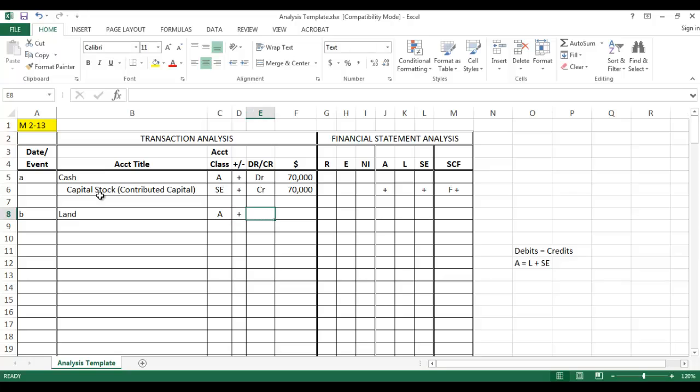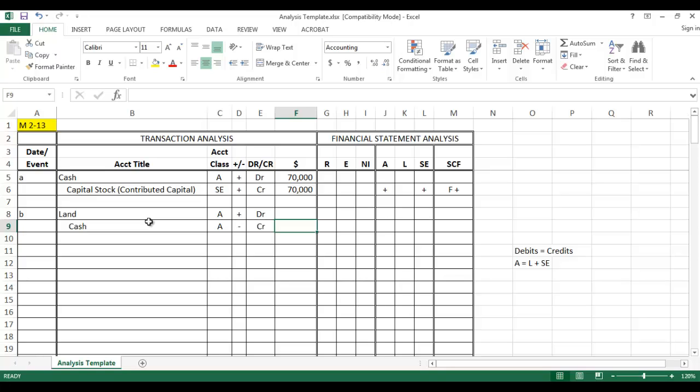We're buying new land, at least new to us, so we're increasing that account. Assets are increased by debits. We are paying cash. Cash is also an asset. It's decreasing here, and we decrease assets with a credit. Now it says we paid $60,000 in cash, but it's worth about $65,000 as a construction site.